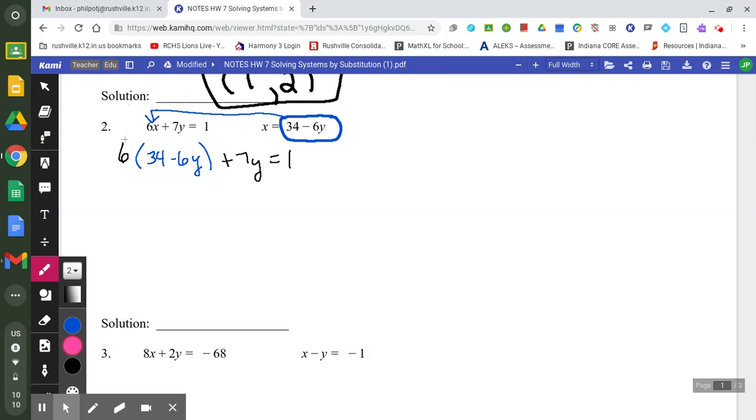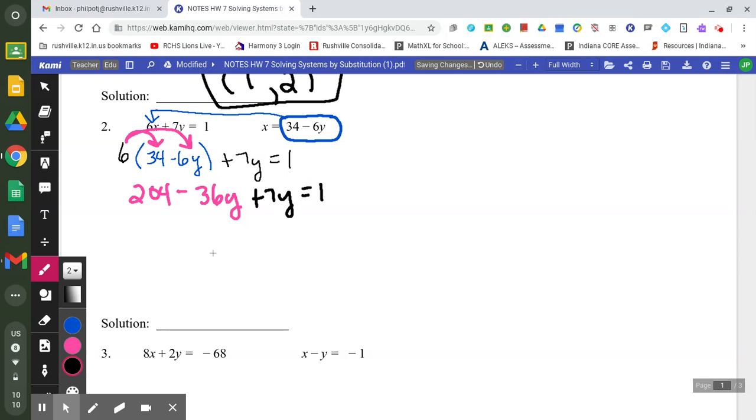So I will have 6 times 34, which gives me 204, minus, and then I've got 6 times 6y, so 36y. And then I still have the plus 7y equals 1.